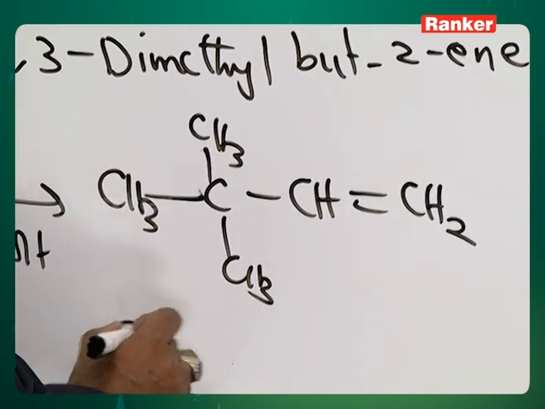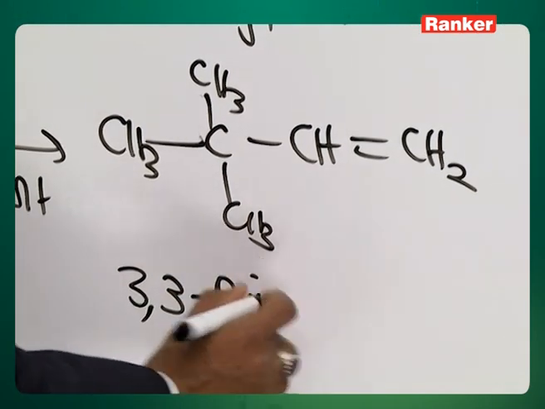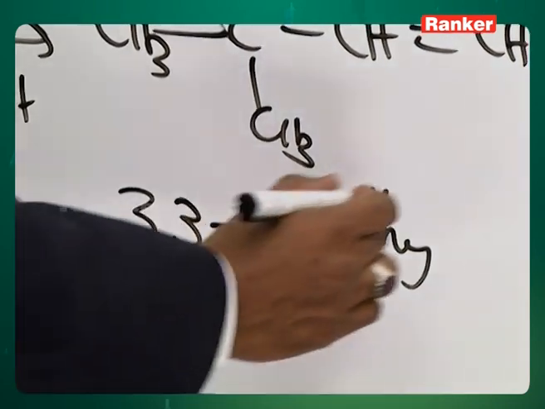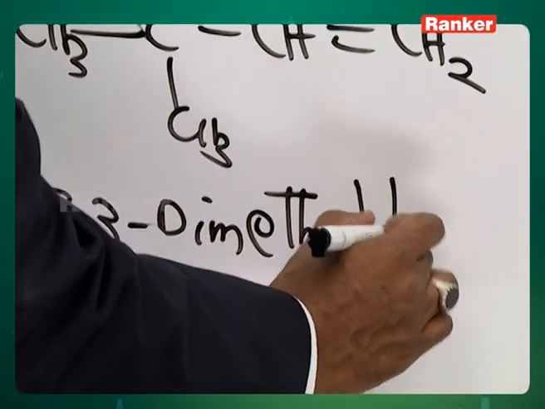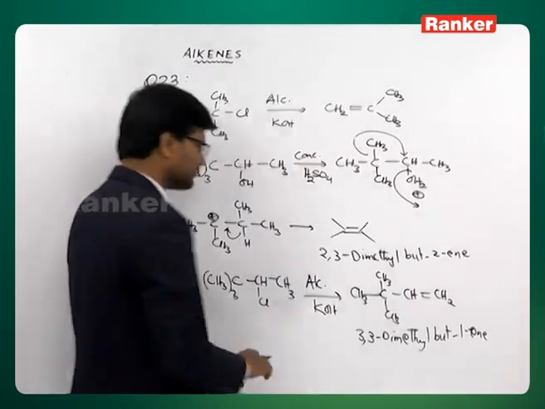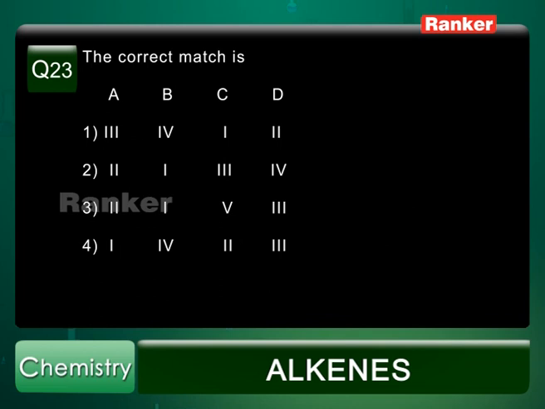This is 3,3-dimethylbutene. So, this should be matched with the second option, and the last one is 1,2-dibromoethane. It will undergo dehalogenation in presence of zinc to give ethene. So, D should be matched with 3. So, the correct answer is fourth option.